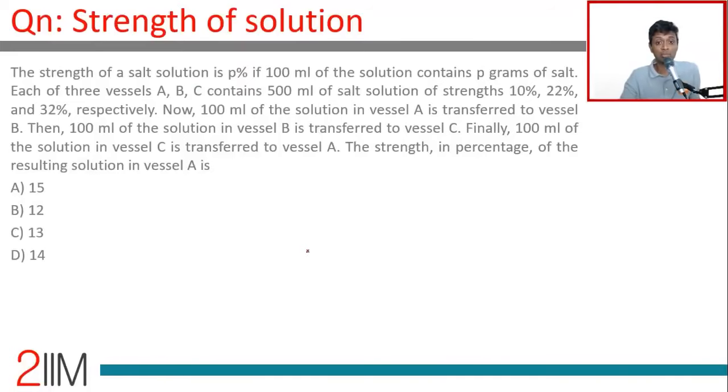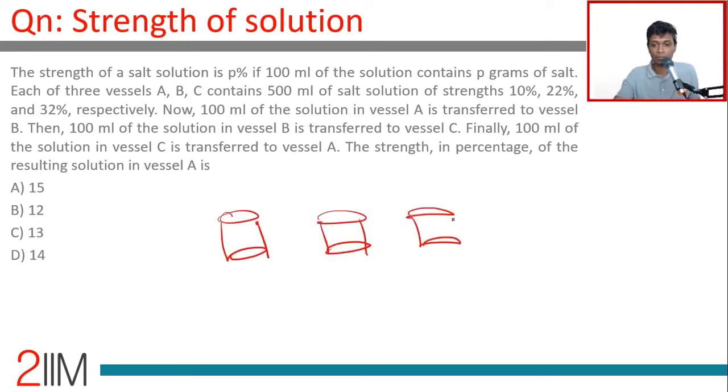Of a salt solution is p%. If 100 ml of the solution contains p grams of salt. Each of the three vessels A, B and C contains 500 ml of salt solution of strengths 10%, 22% and 32% respectively. So A, B, C, 10%, 22%, 32%.